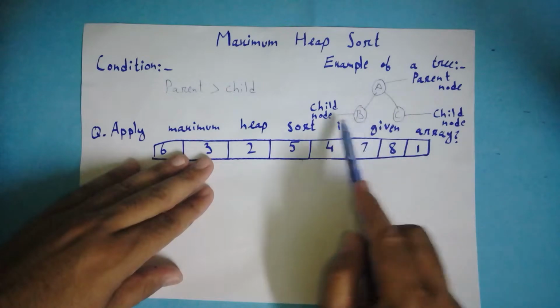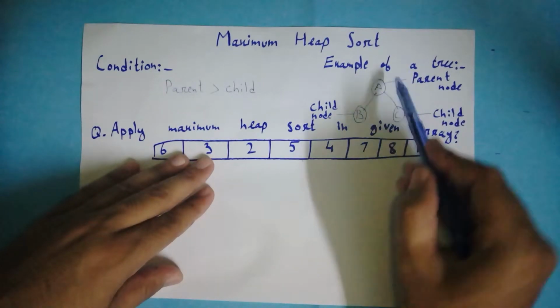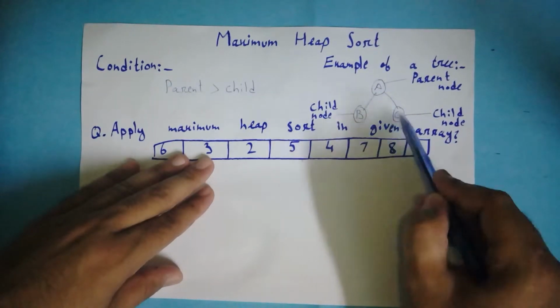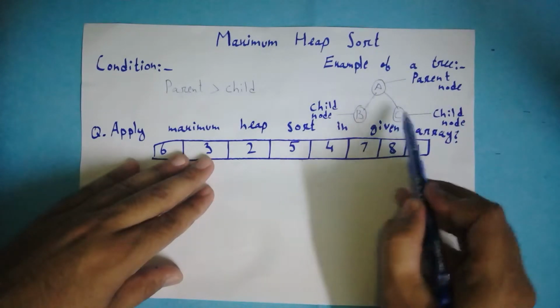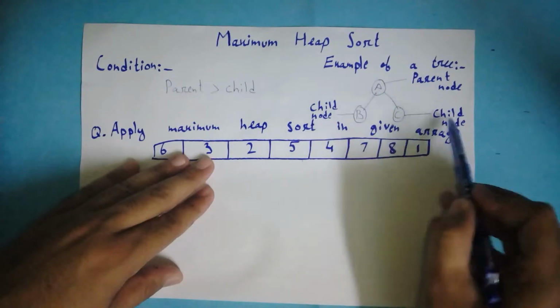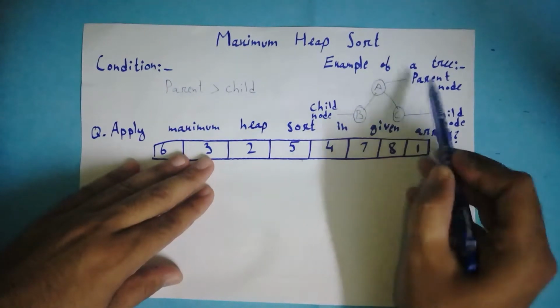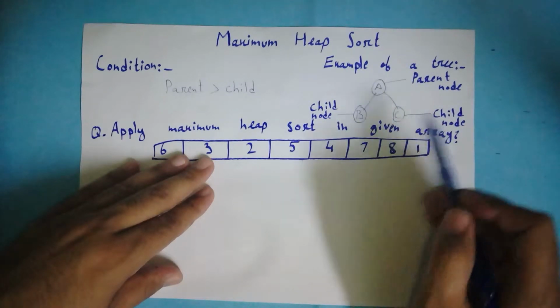I've drawn a tree with nodes A, B, C. A is the parent node, and B and C are the child nodes of this node.